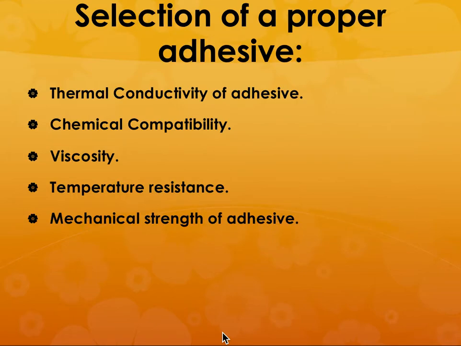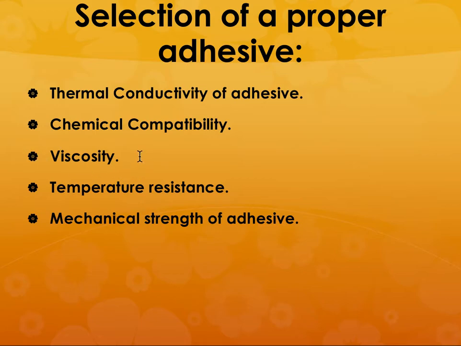So how do you select a proper adhesive? You have to look at the thermal conductivity of the adhesive, so that if you have a structure that is being exposed to elevated temperatures, you want to remove the heat. So that adhesive also has to be able to conduct the heat through the joint. It has to be chemically compatible with the resin system used in the composite.